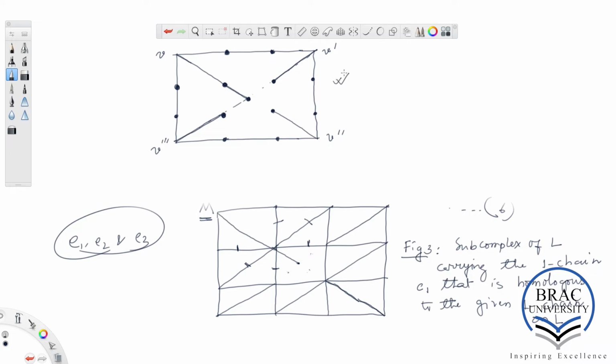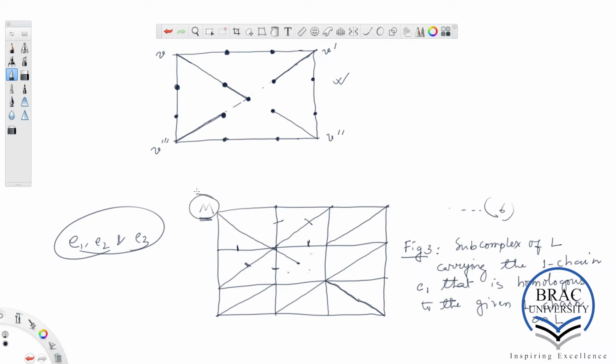So we have proven that the given one chain C on the complex L is homologous to a one chain carried by the subcomplex M, right?